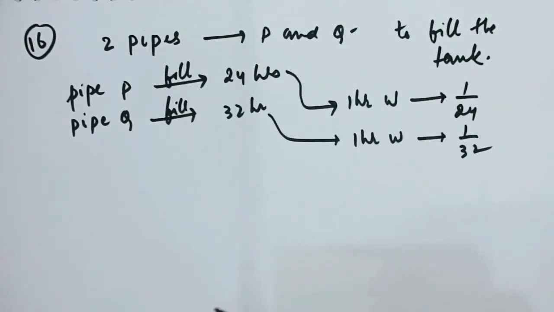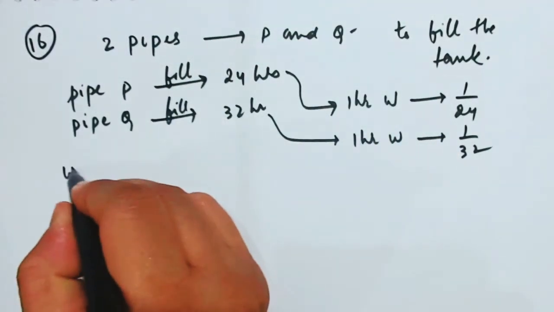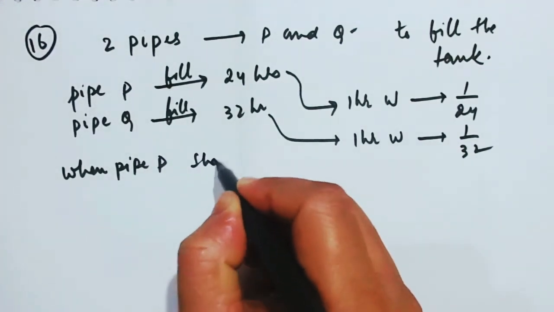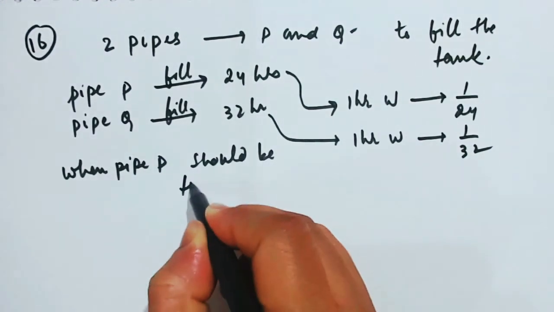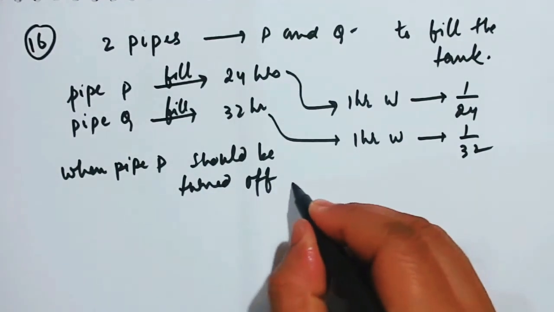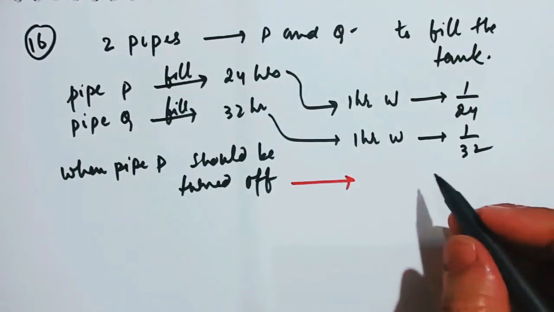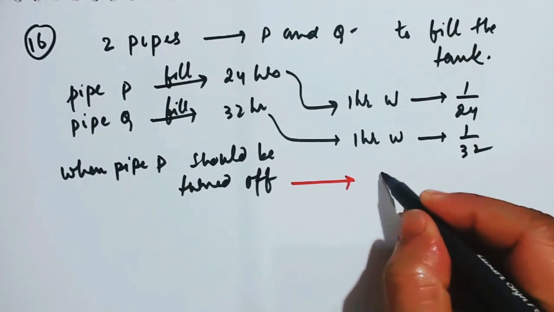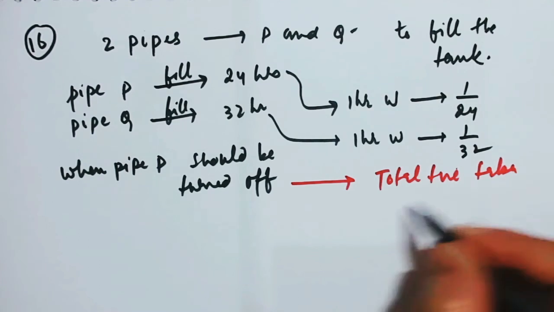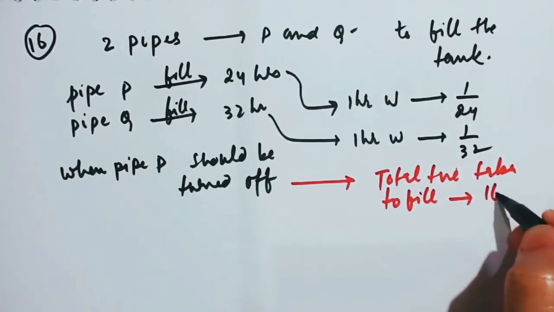Now they say that pipe P should be turned off so that the remaining pipe, that is Q, would fill it in 16 minutes. Or you can say that the total time taken to fill should be only 16 minutes.